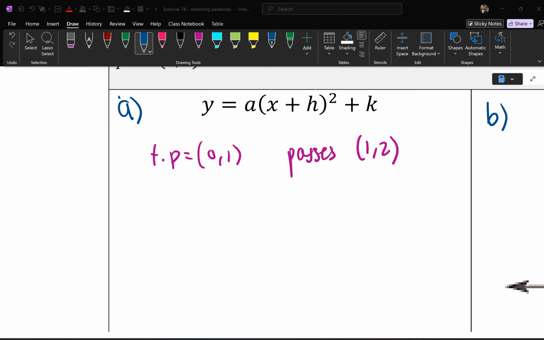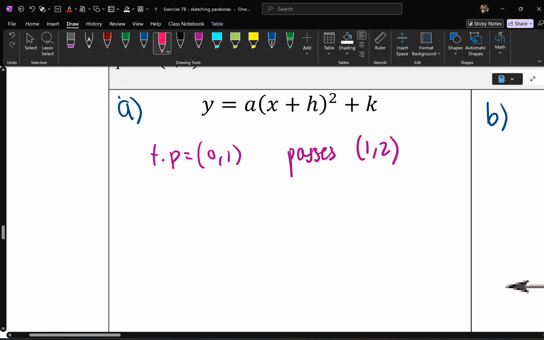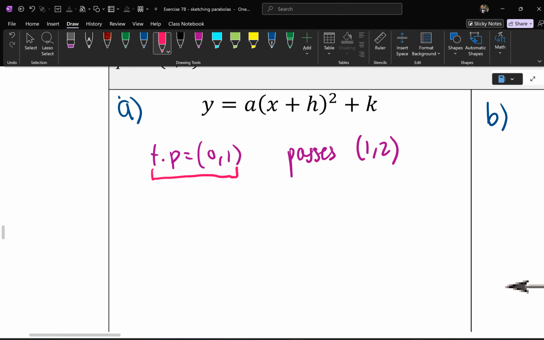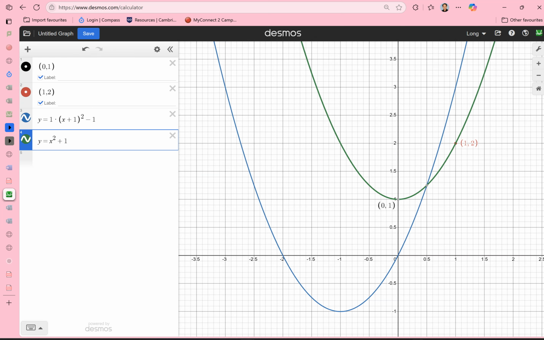Okay. Shh, listening. The key part was the turning point actually tells you a lot of information. Because remember, it's meant to tell you whether it moves left or right, up or down. If you have x is 0, that means you're not moving left or right. The logic is that, even just looking at the graph, the parabola has not shifted left or right.